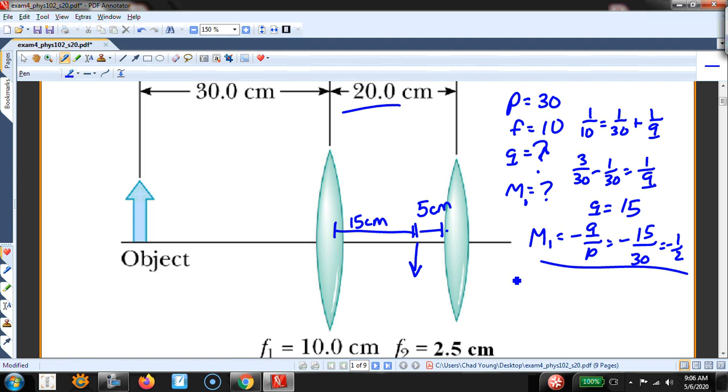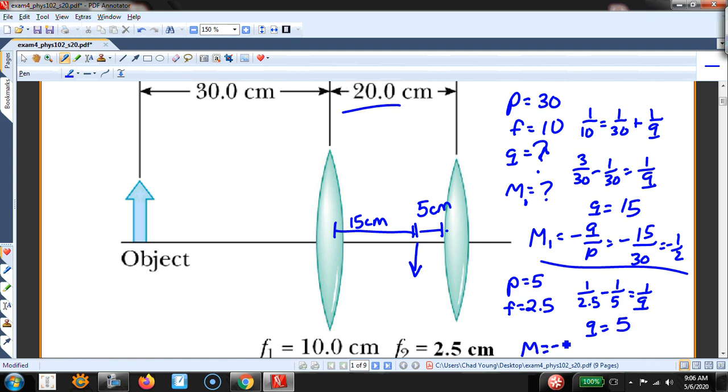So I do it all over again. P is equal to 5, F is equal to 2.5. So I say 1 over 2.5 minus 1 over 5 equals 1 over Q. Q is equal then to 5.